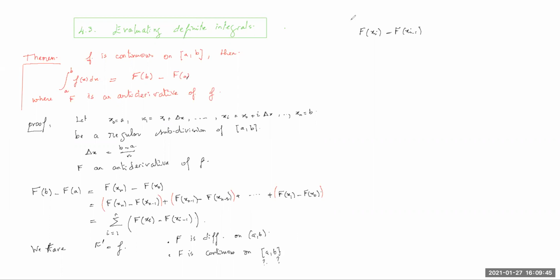The mean value theorem says the difference between two endpoints, on a closed interval [x_{i-1}, x_i], I can say that the difference is the derivative of capital F at an intermediate point, let's call it x_i star, times the difference of the two values, x_i minus x_{i-1}.